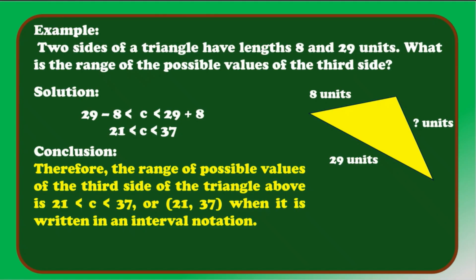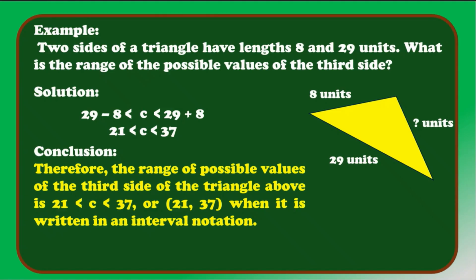And as an additional idea, we could also put our answer in interval notation, where we enclose both our boundaries, 21 and 37, by parentheses. A parenthesis means, if we go back to our lesson about the number line, that the numbers are not included in our range, or it presents an open circle.